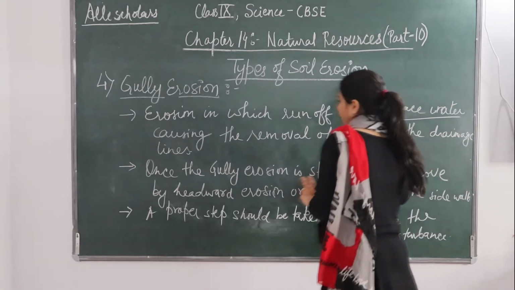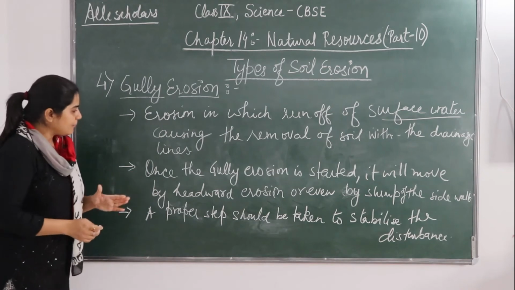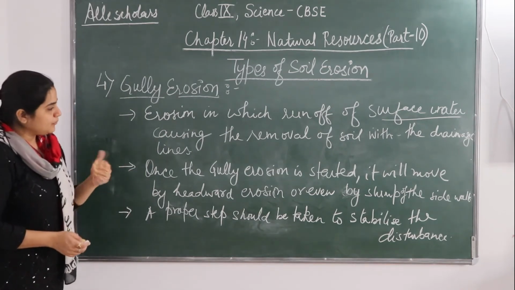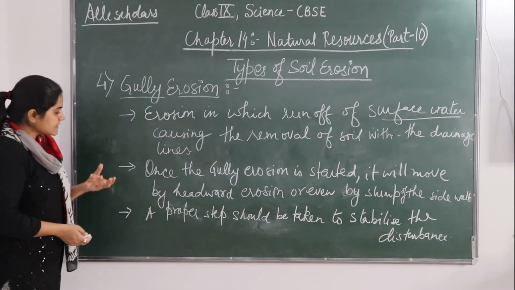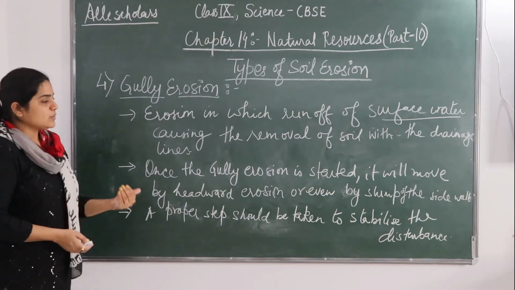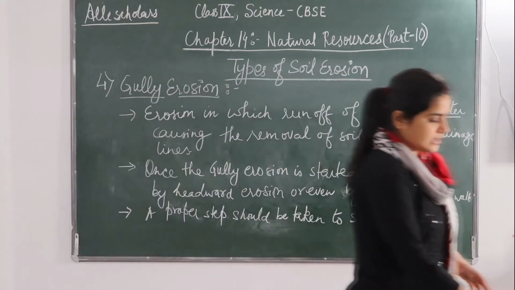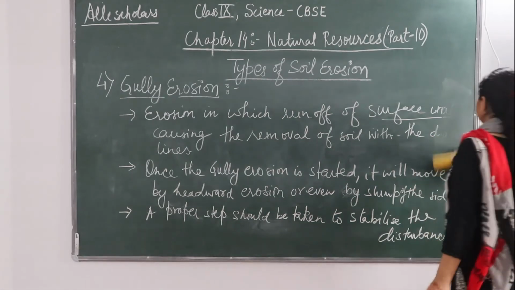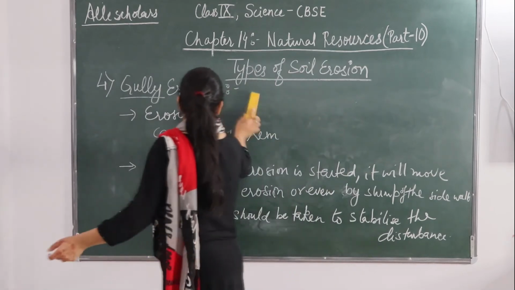And once gully erosion has started, it will move by headward erosion, or even by slumping of side walls, unless a proper step is taken to stabilize the disturbance. Okay, so this type of erosion was gully erosion, and the next type of erosion is stream bank erosion. Fifth and last type of erosion it is.